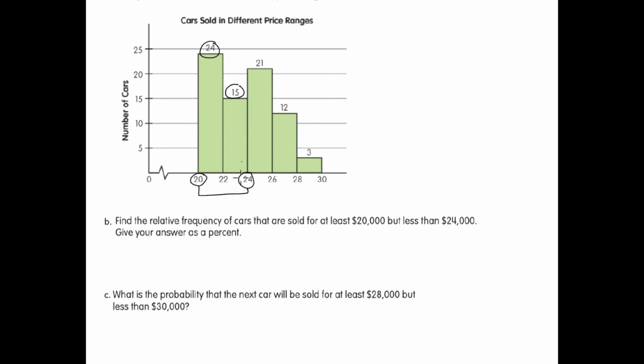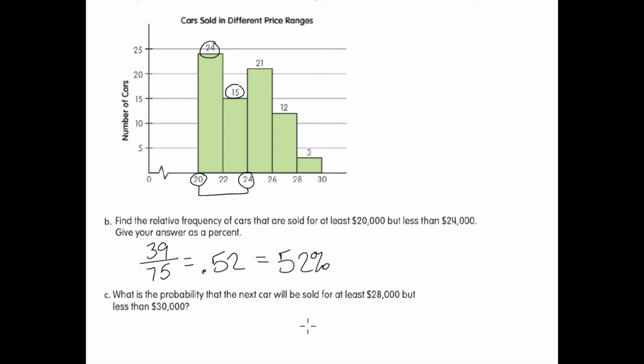So if we combine 24 and 15, that gives us 39 over the 75 cars that were sold. When we divide this, 39 divided by 75 leaves us with 52 hundredths. We want to again write that as a percent, so that is equivalent to 52%.